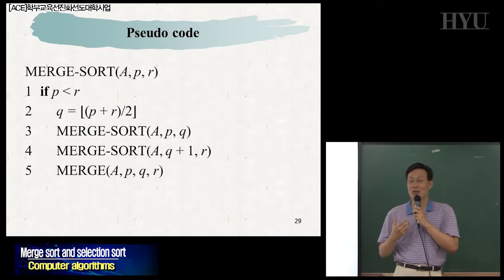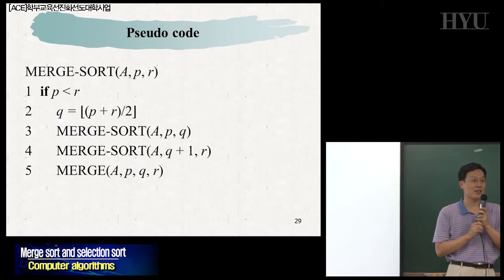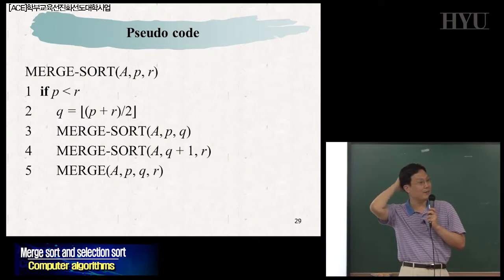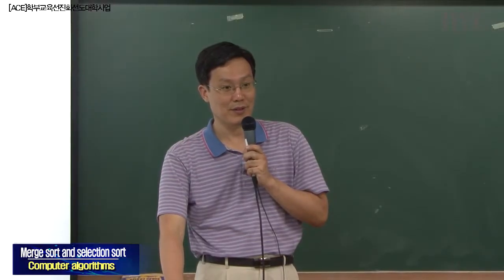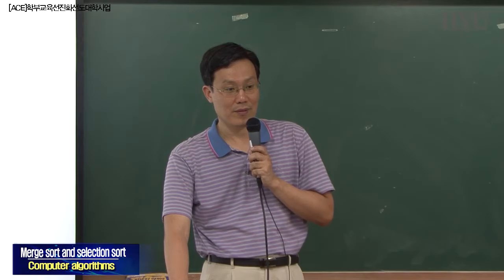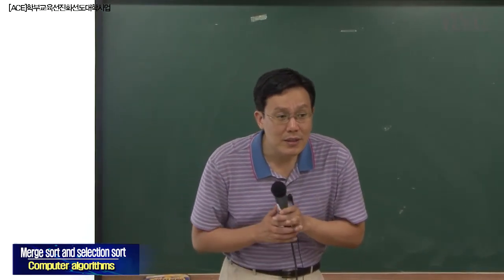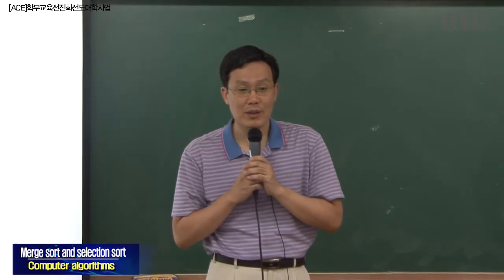Then what's the meaning of the first line of the pseudocode? Can you explain a case that the if sentence is not satisfied? 손광호. Execute merge sort if the length of the array is positive.